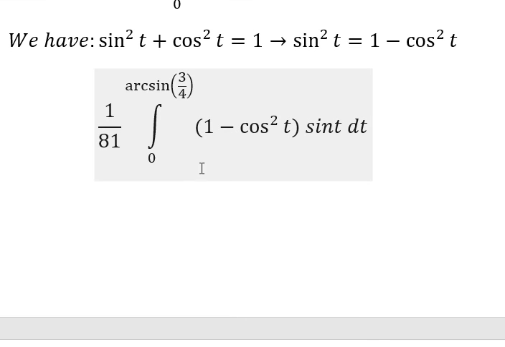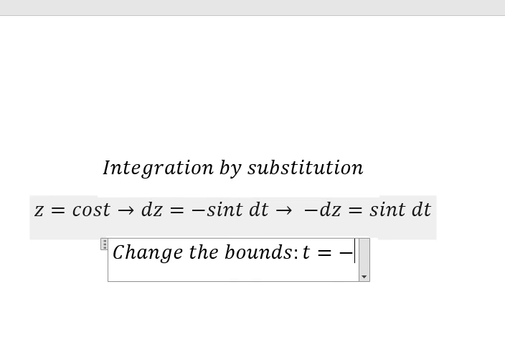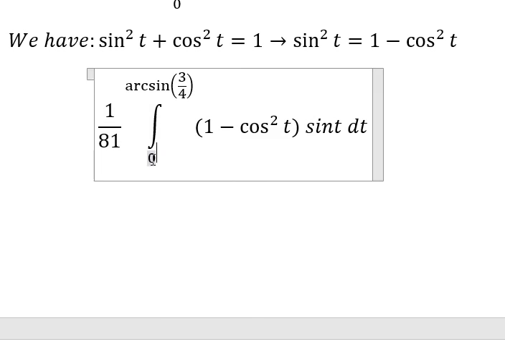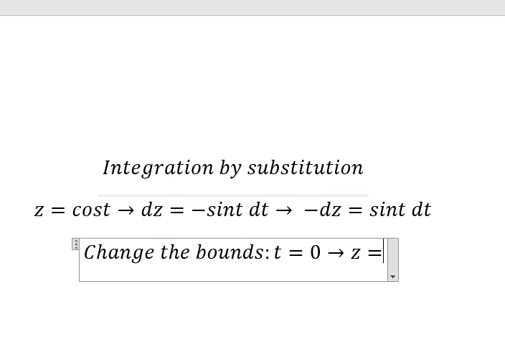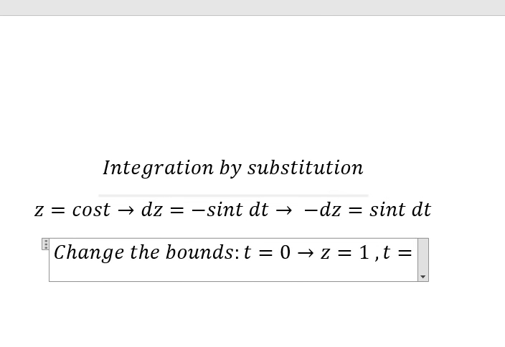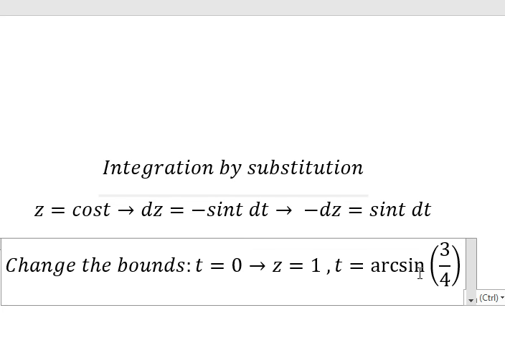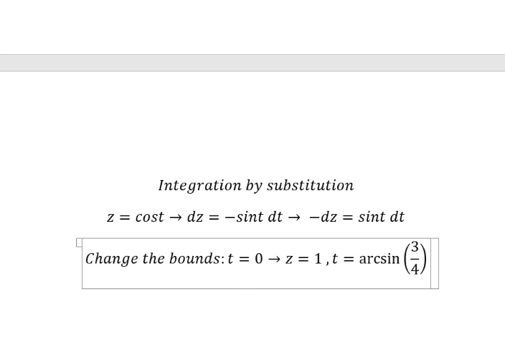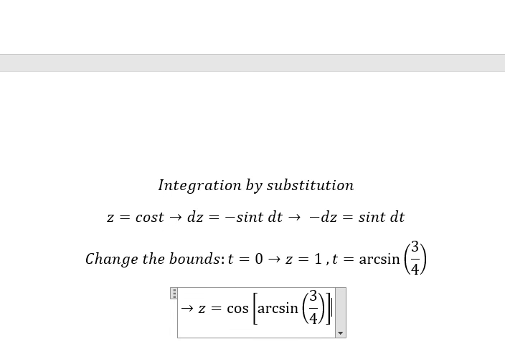So when t equals 0, that is from here, I will put 0 in here, and we have z equals 1. When t equals arcsine of 3 over 4, I will put this one in here, and we have z equals cosine of arcsine 3 over 4.